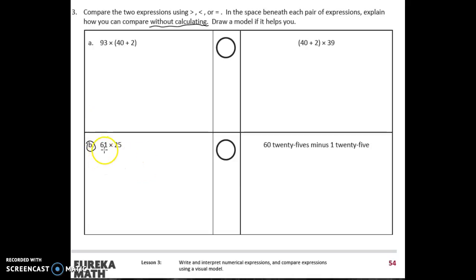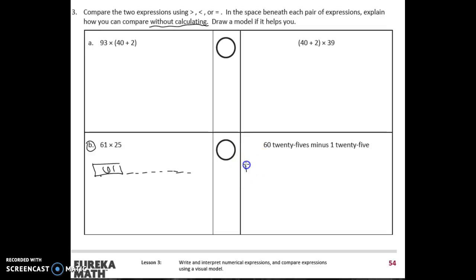This one right here is 61 times 25. So if we have right here, there's 61 in the box, and it's just going to keep going, 25 more of those. This one says 60 25s minus 125.